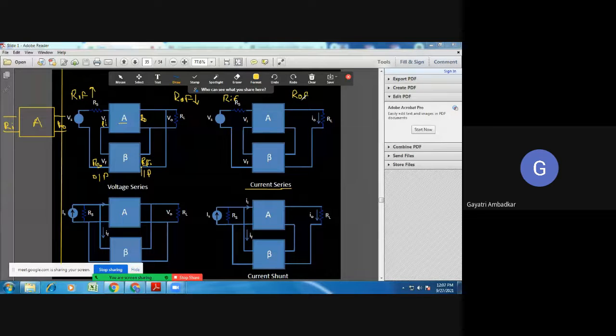Yes, everybody, unmute yourself. What will happen to ROF? Increase or decrease? Yes, Rutuja, Harshita. Ma'am, it will increase. Increase, no? You tell your opinion.